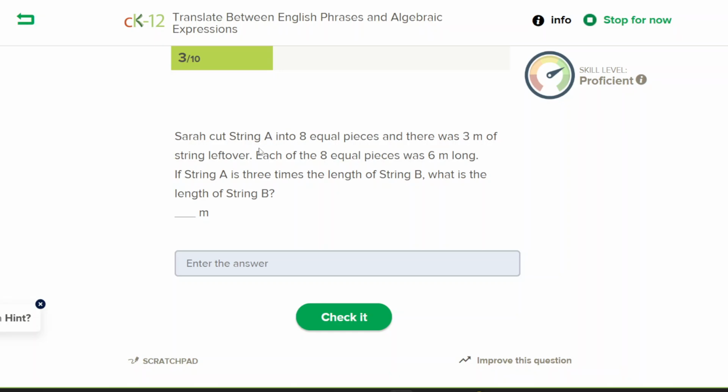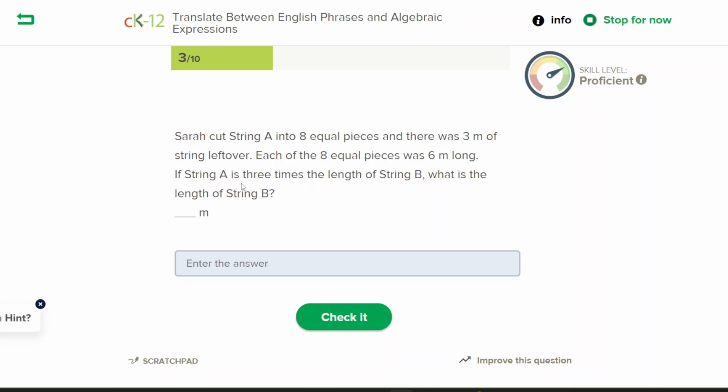So here, Sarah cut string A into 8 equal pieces, and there was 3 meters of string left over. Each of the 8 equal pieces was 6 meters long, right? So this is very similar to the previous example.